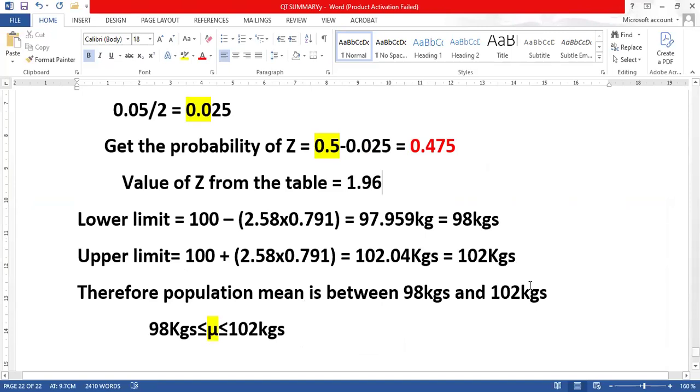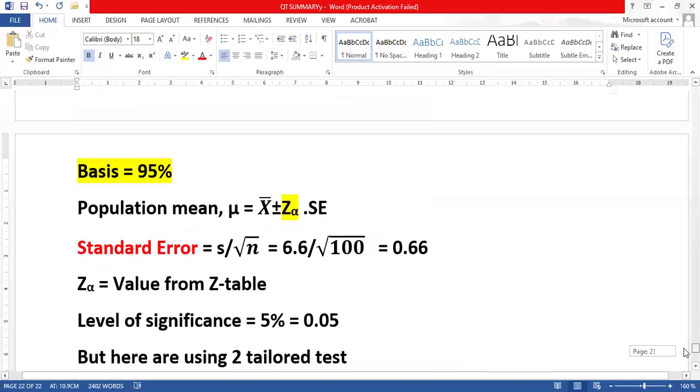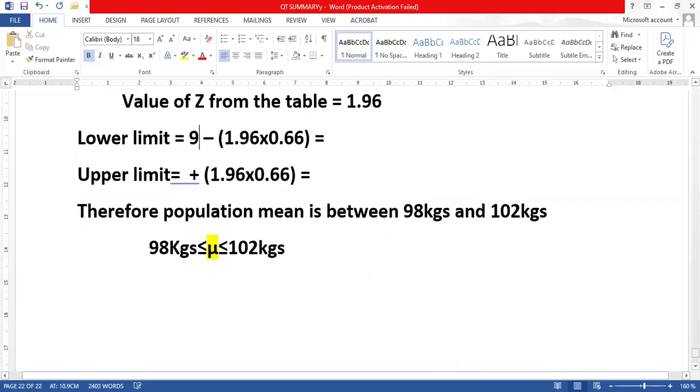After getting the value of Z, our sample mean is 97.1. That is our sample mean minus the value from the table which we have, times the standard error which we have as well.